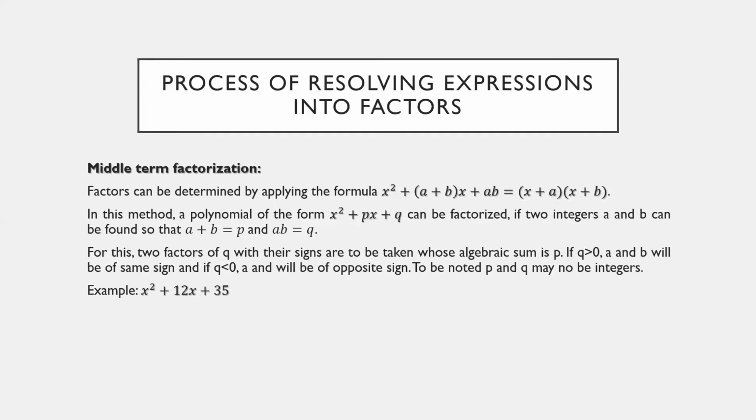There are many factors of 35: 1 and 35, then 5 and 7. If we take plus 5 and plus 7, the sum is 12. So we can write it as x square plus 5 plus 7 into x plus 5 into 7. Then we can easily write x plus 5 into x plus 7. This is the process known as middle term factorization.